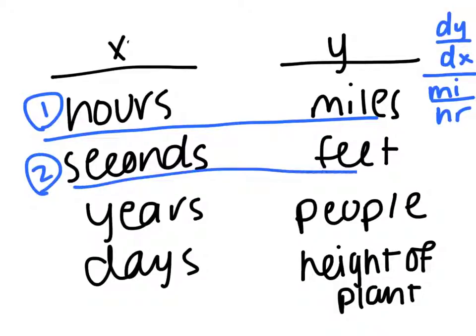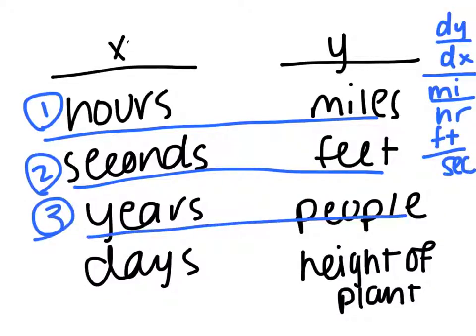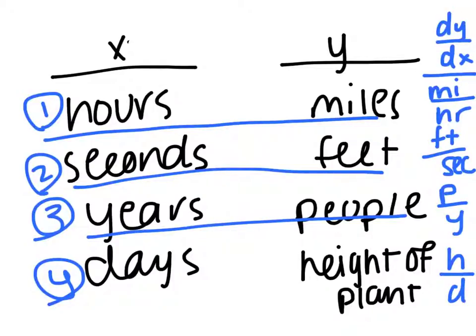Case number 2 would be feet per second. Number 3, people per year. And number 4, height per day. So that's the basic understanding of this.